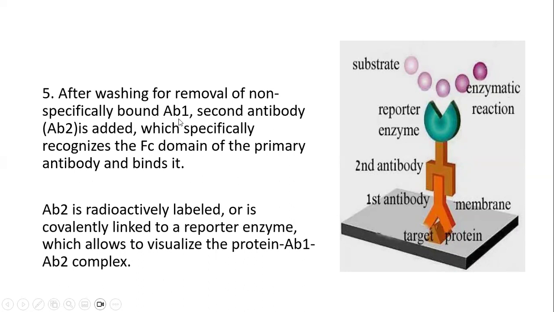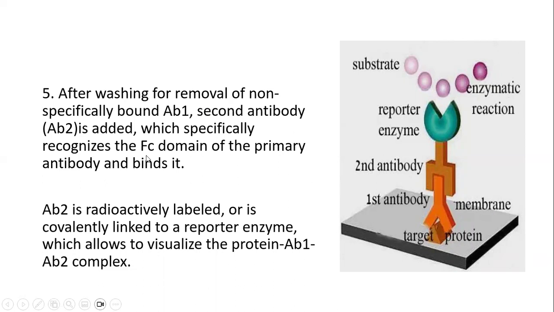Okay, after that we add our secondary antibody, which is also known as antibody 2, or it can be called anti-antibody, and it is complementary, or you can say it recognizes the Fc domain of the primary antibody.